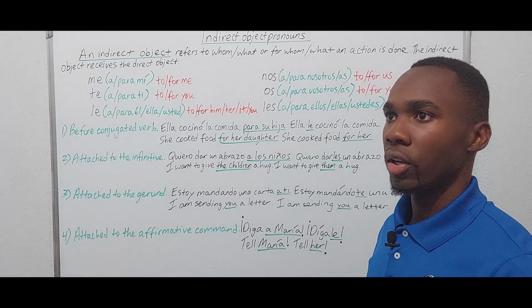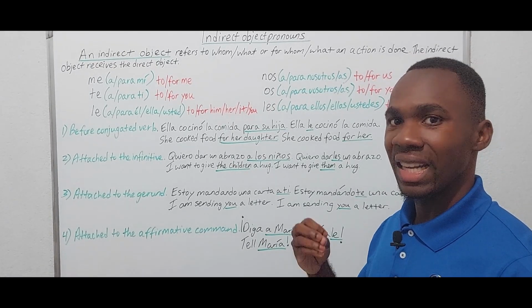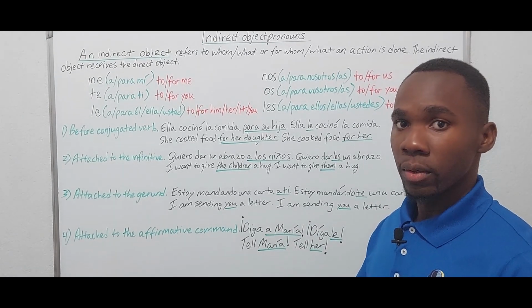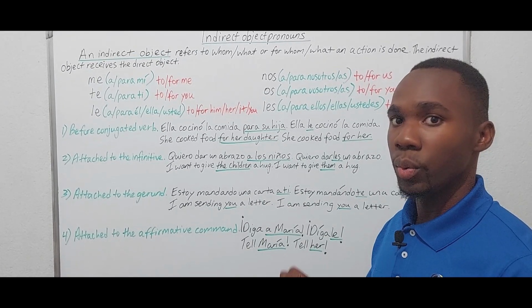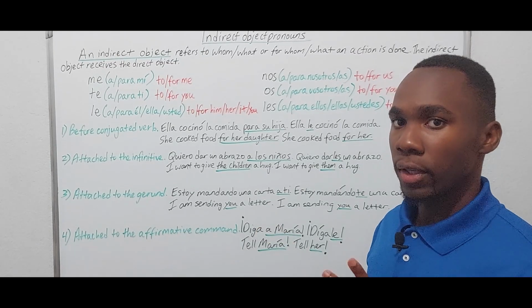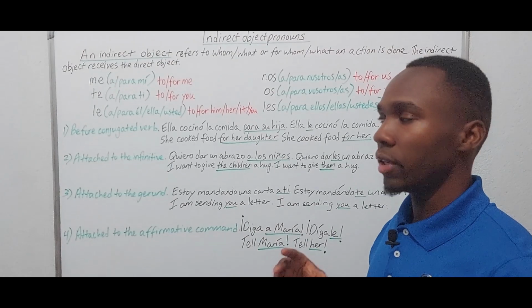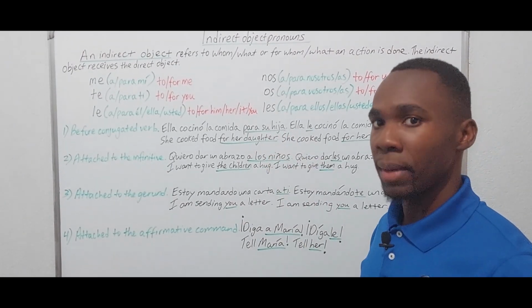But what I should also mention is that we will be only focusing on indirect objects. So obviously you're going to have direct objects, but we will not be replacing those with direct object pronouns. We will be focusing on the indirect object, okay? So now let's look at the different indirect object pronouns in Spanish.